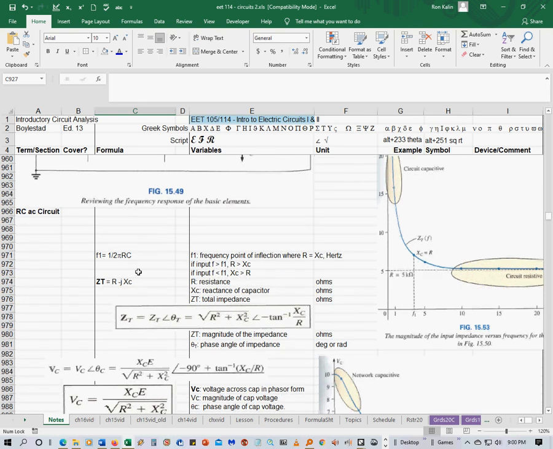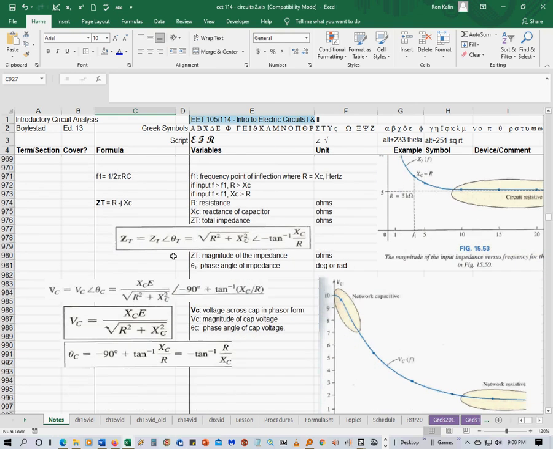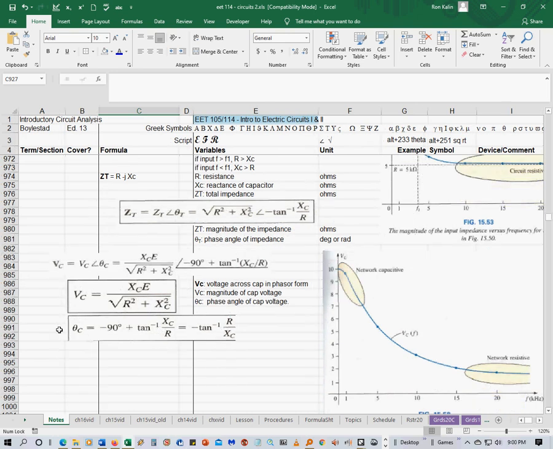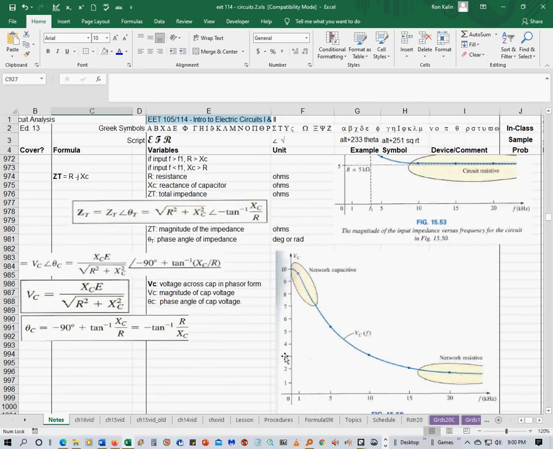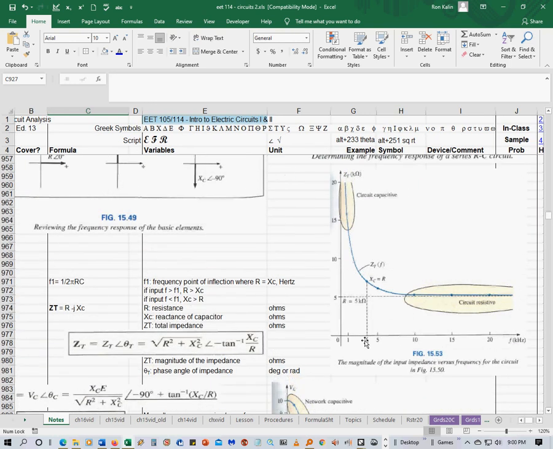And then the book just goes through an RC circuit and it calculates the total impedance of an RC circuit here, and then it calculates the voltage across the capacitor and the phase angle of the capacitor phasor, which is theta sub c.